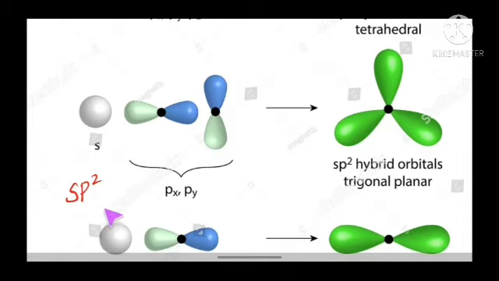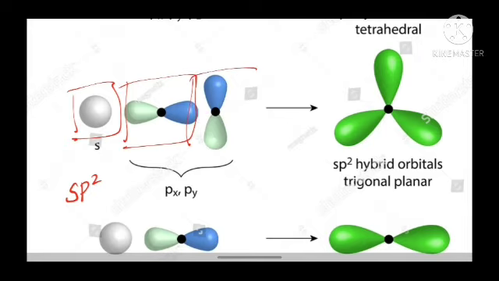In order to create sp2 hybridization, you need one s orbital, that is here, and you need 2p orbitals. You have 2p, this p orbital in the x axis and this p orbital in the y axis. So you need 2p orbitals and one s orbital to create sp2 hybrid orbitals. This is the shape of the sp2 hybrid orbital.